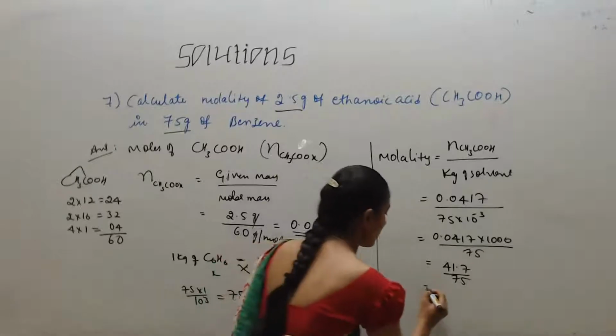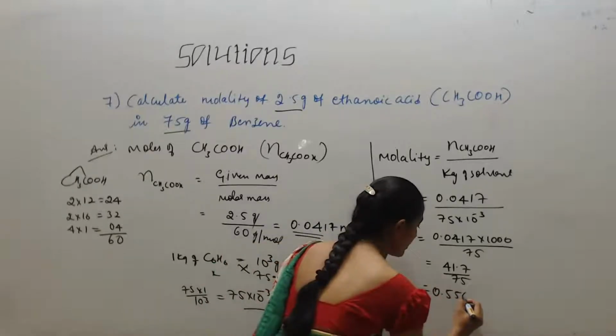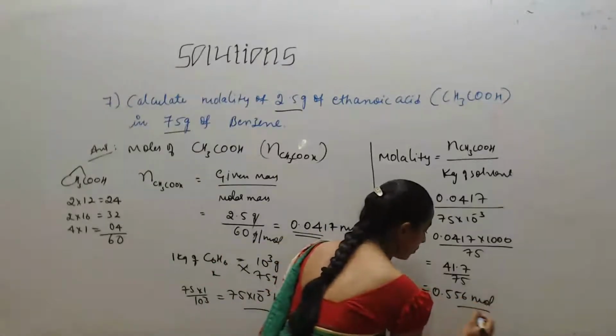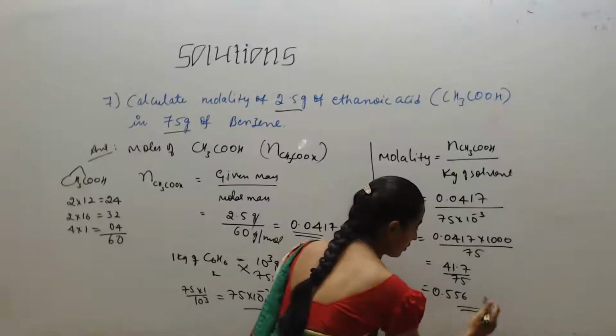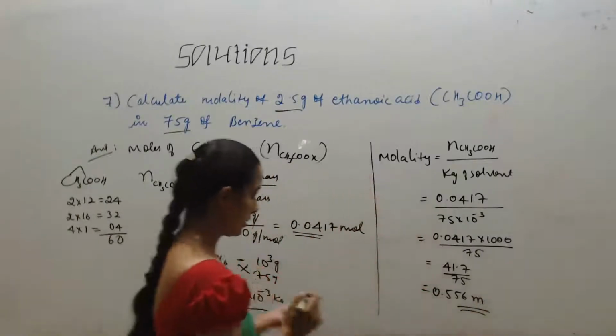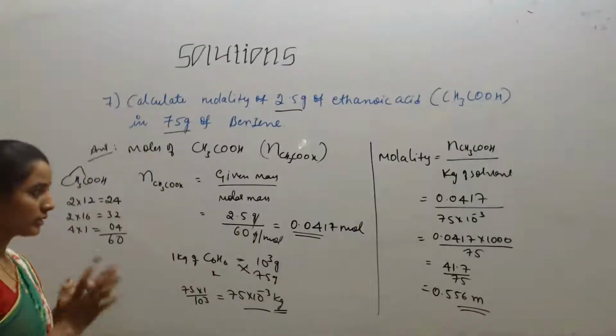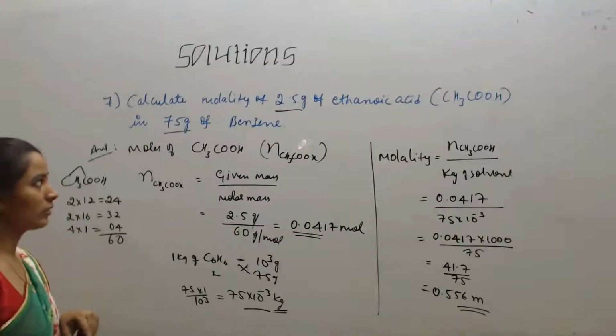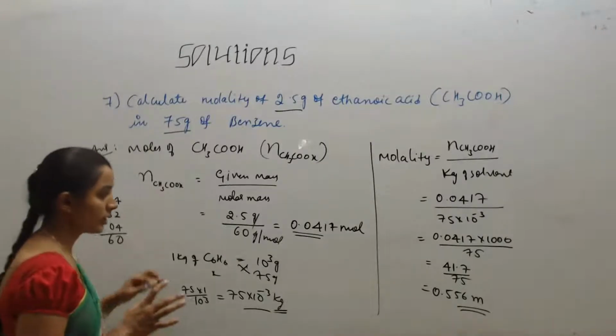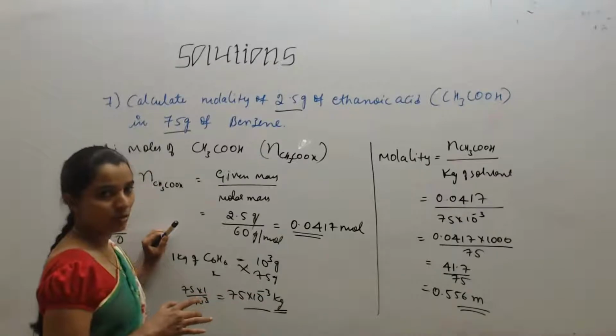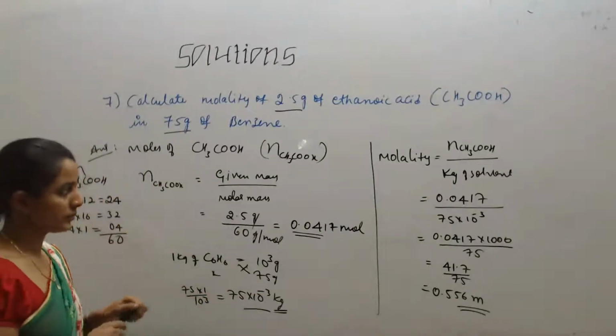Okay, this is approximately 0.556 molal. 0.556 molal. Okay, this is the answer. Yesterday I gave this to you as homework. Today I solved it. Okay, because there is no problem in these concepts.